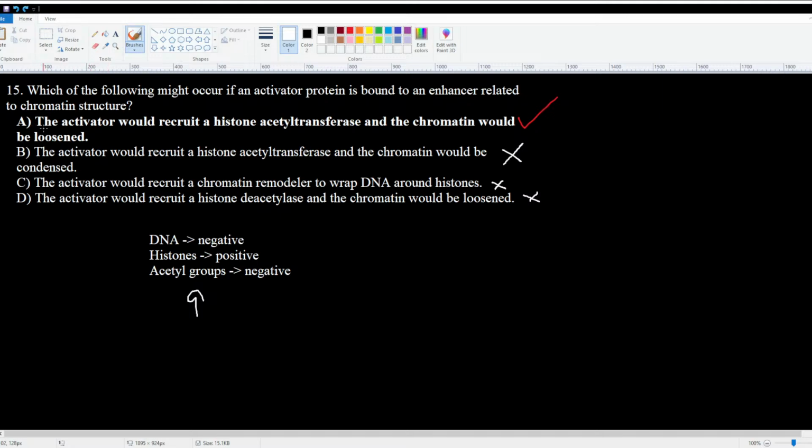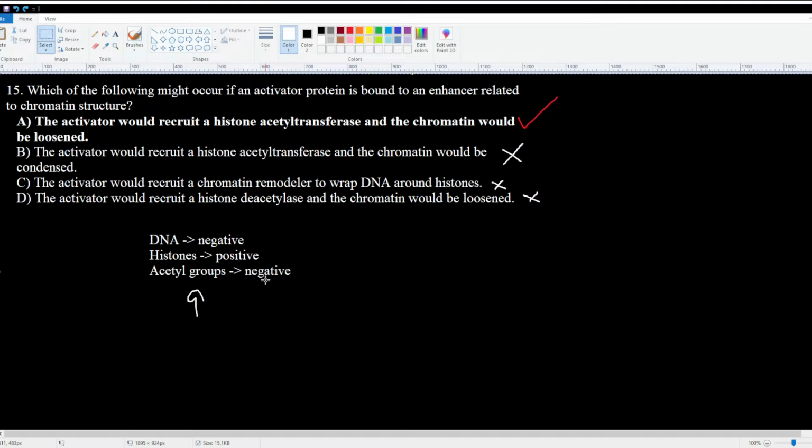Therefore, A says the activator would recruit a histone acetyltransferase, and the chromatin would be loosened. Histone acetyltransferase means an acetyl group is transferred to the histone, therefore loosening up the DNA, therefore enhancing transcription at that region.